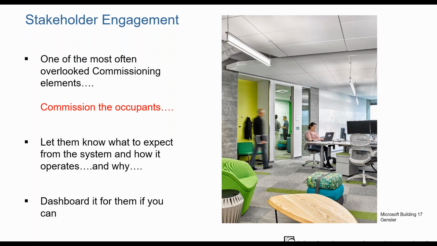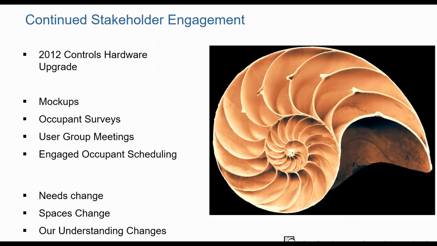And this particular project has a really interesting take on it as well, in that we had continued stakeholder engagement. In 2012, we actually engaged in a hardware upgrade for the lighting controls for the Amgen Helix campus. This was largely based on the fact that a lot of the circuit boards in the original system were no longer being manufactured.